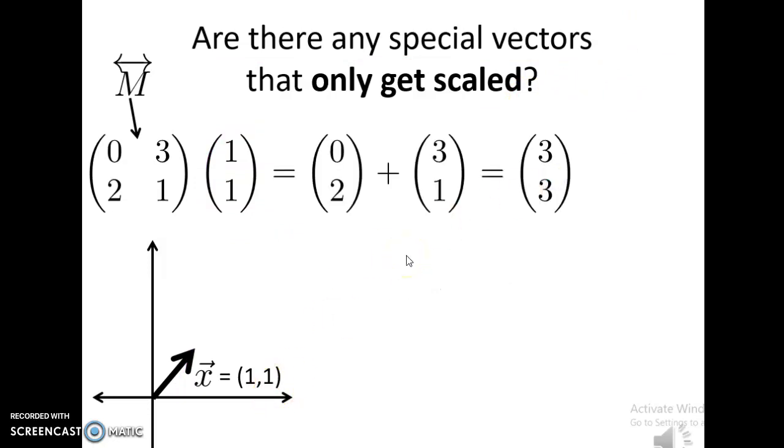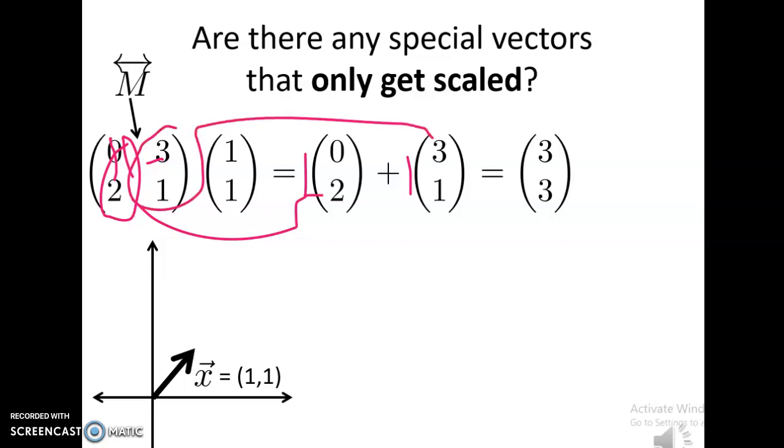So 1 here, 1 will come; here also 1 will come. This 0, 2 here, this 3, 1 here, so 1 is multiplied by the same value.